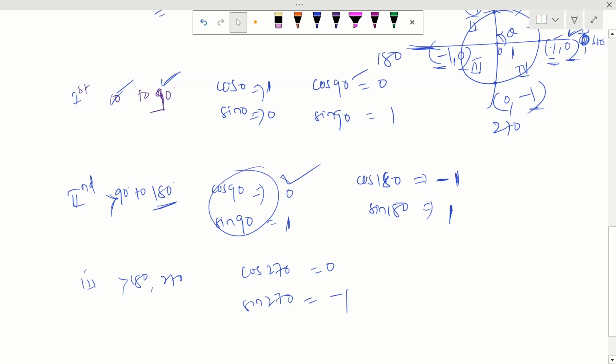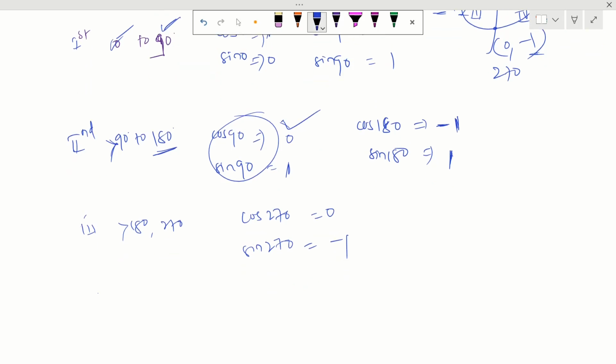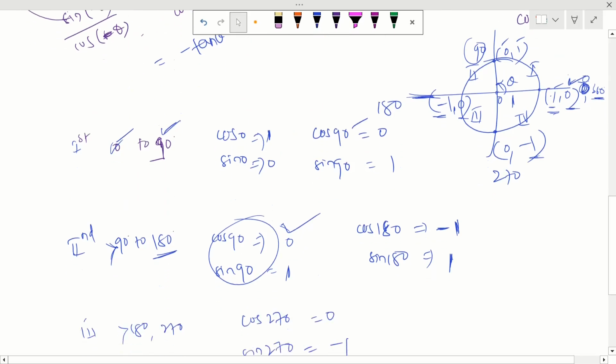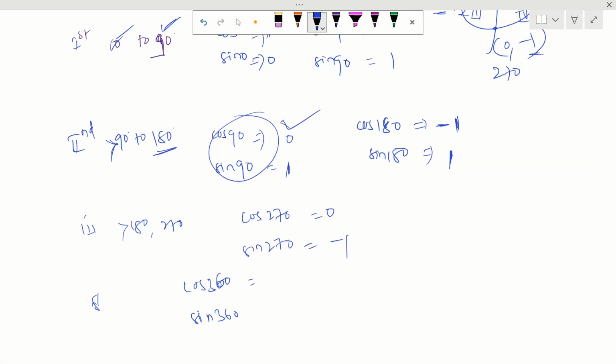Likewise for cos 360 and sin 360: cos 360 is 1, and sin 360 is 0.